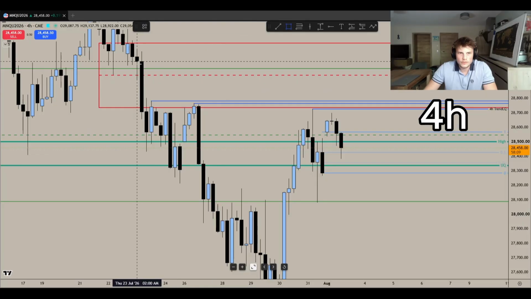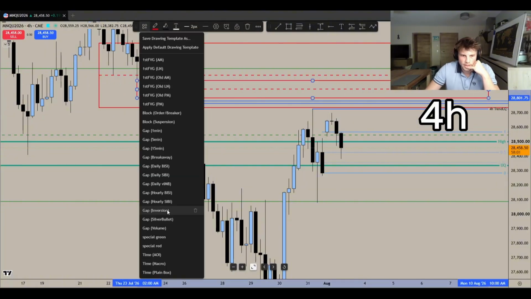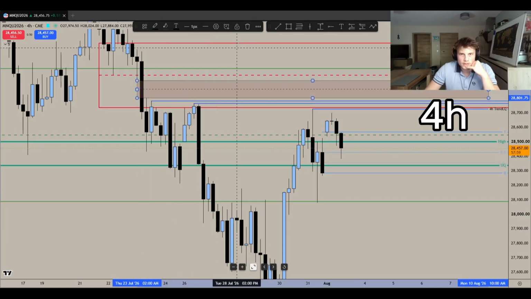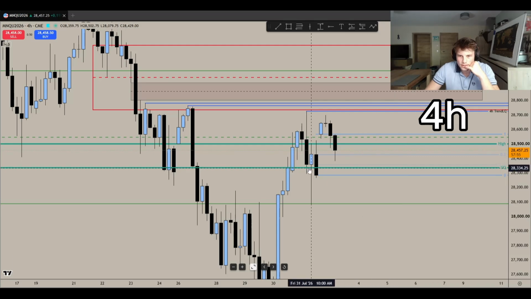And then we have 54.50. We have this 4 hour gap in here, which also needs mitigation. So that's red. All right, we got that. Is there a BISI? We do have this one on here, so that's 77.75, 77.25.